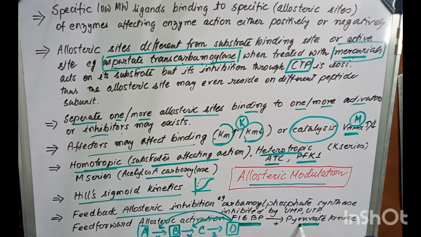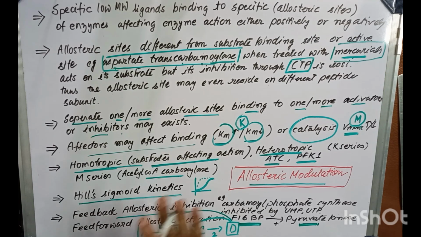Pyruvate kinase is present later in glycolysis, and it takes the phosphate from phosphoenolpyruvate to form pyruvate. So fructose 1,6-bisphosphate, a metabolite earlier in the pathway, is like B, stimulating Z, which is pyruvate kinase, so that phosphoenolpyruvate gets converted to pyruvate.